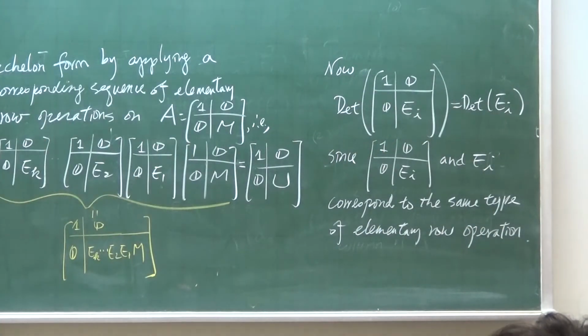All right. And we also know that M is invertible if and only if A is invertible.